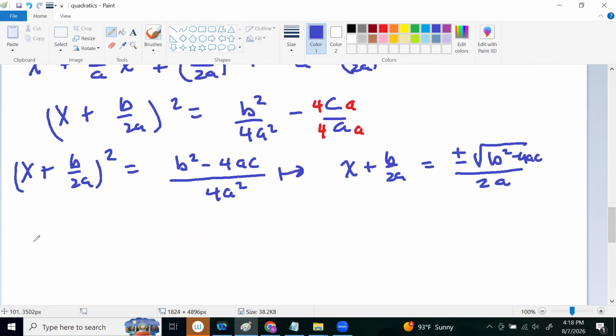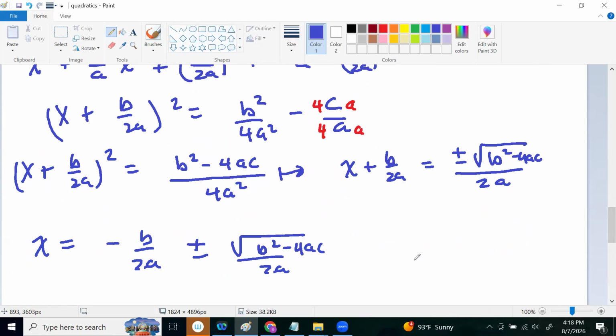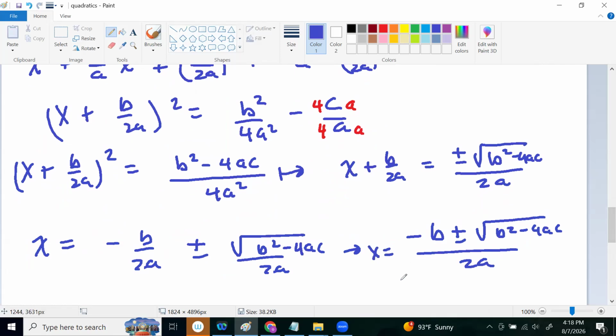So now x is equal to minus b over 2a plus or minus square root of b squared minus 4ac over 2a, which gets us to our usual quadratic formula. And that's what x is, those two numbers. So that's a nice quick and dirty look at the quadratic formula.